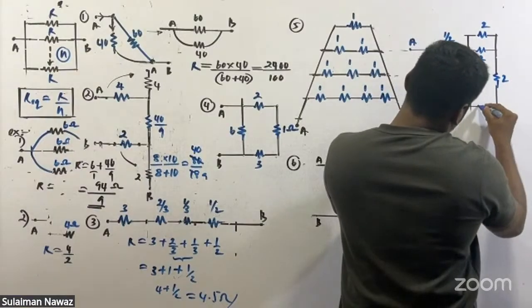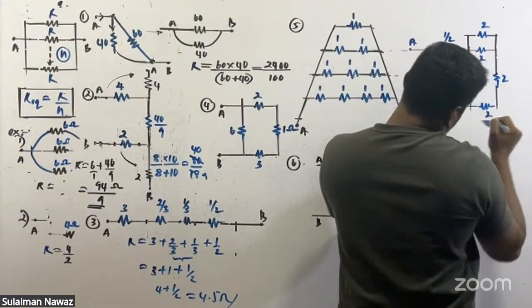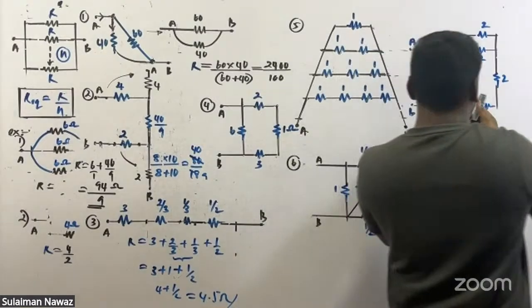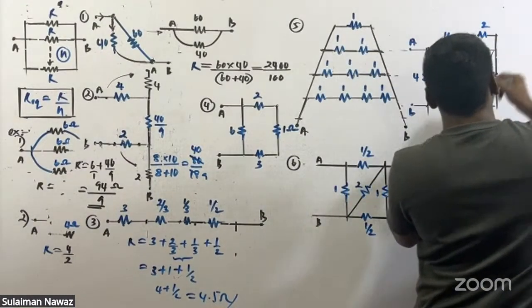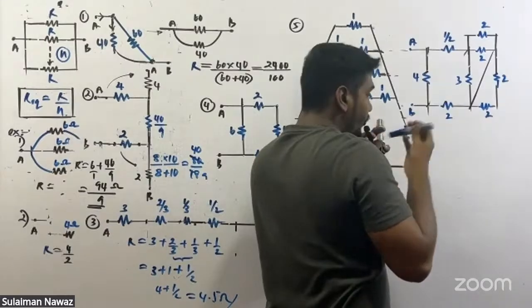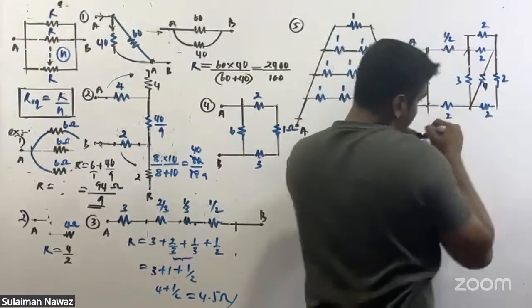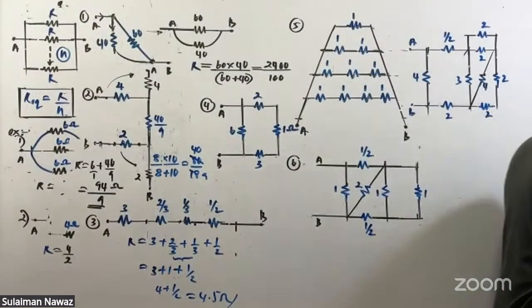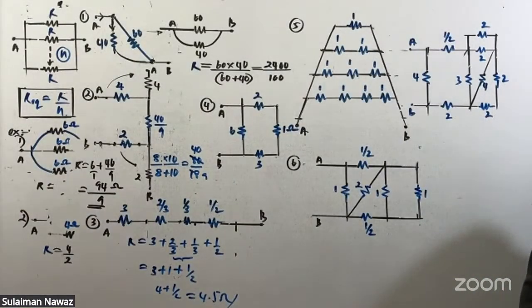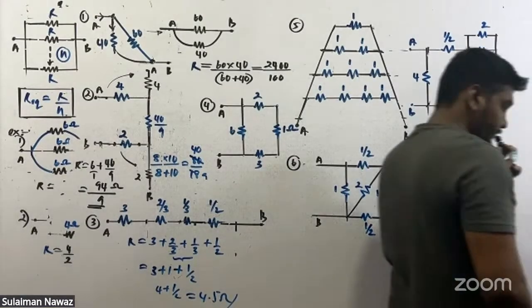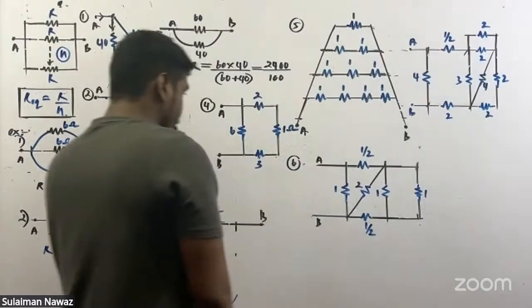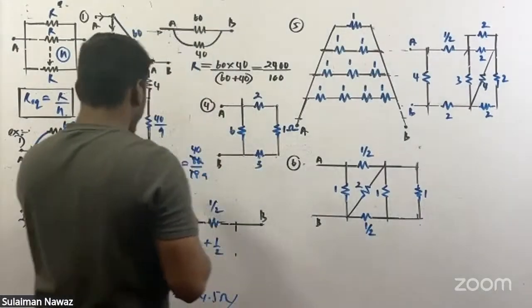And here also it's 2. And this is 4. Find the answers. Now here, question number 1 to these discussed.